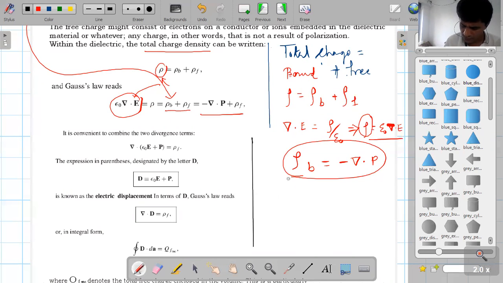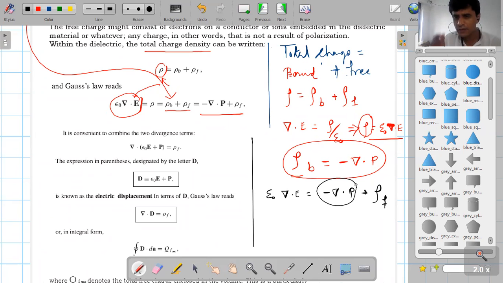Now I can write epsilon 0 divergence of E is equal to minus divergence of P plus rho f. This term I will take to the LHS.